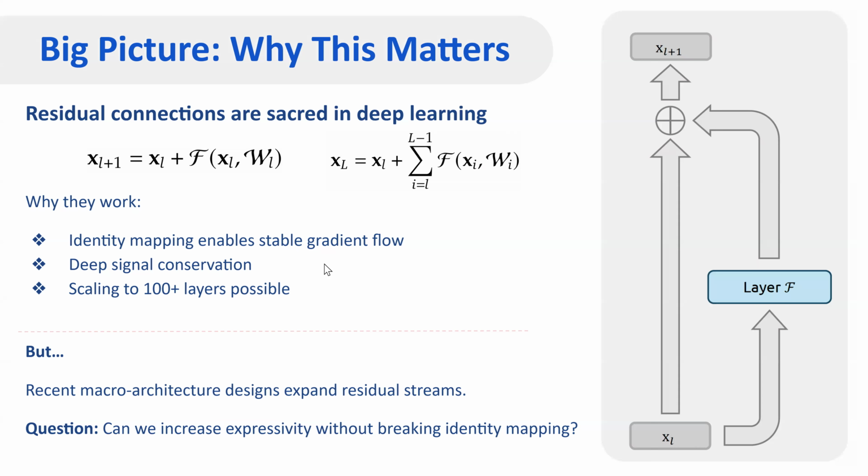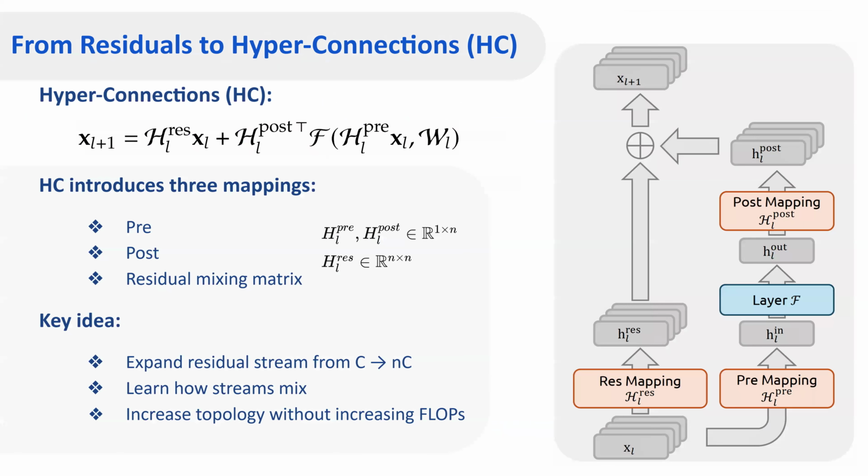But the problem is that recent micro-architecture designs expand these residual streams. So the question here is: can we increase expressivity without breaking identity mappings? Here you can see some new architectures of residual blocks.